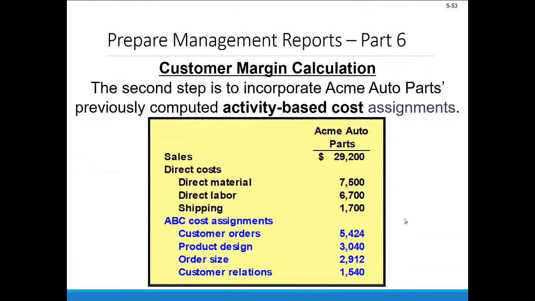And we're setting up a similar situation here with Acme as we were looking at from the product level, where now we want to incorporate all of those costs assigned from the ABC system. And we calculated those earlier. So it's the customer order, activity cost pool costs, product design, order size, and then that customer relations piece.